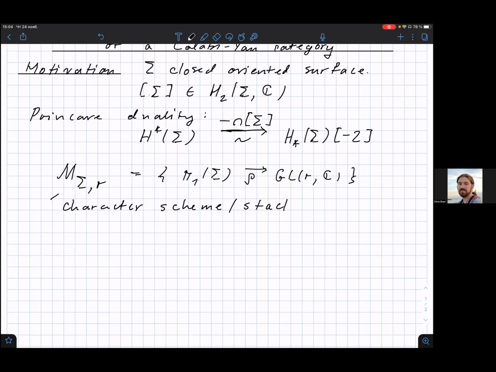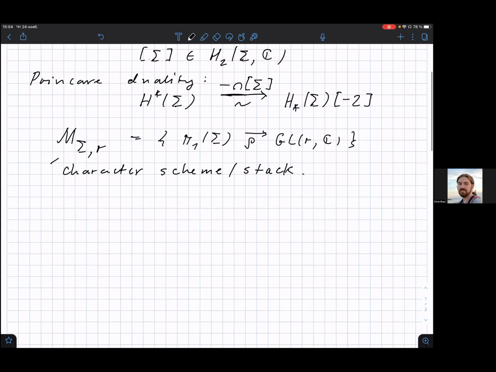In this motivational section, I won't care about it too much. So it parameterizes representations. And if you think about concretely what this is, you could present the fundamental group by generators and relations in your favorite way. There's a standard way to do that. And so then you're just giving as many invertible matrices as there are generators, and those matrices have to satisfy some relations.